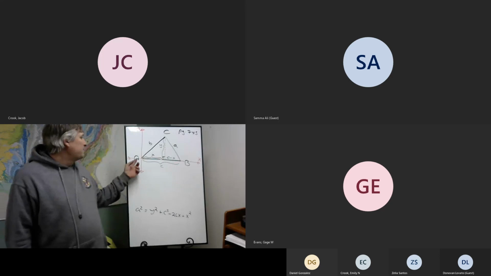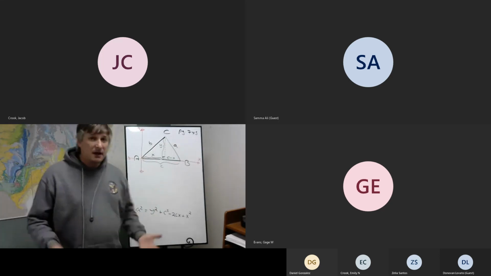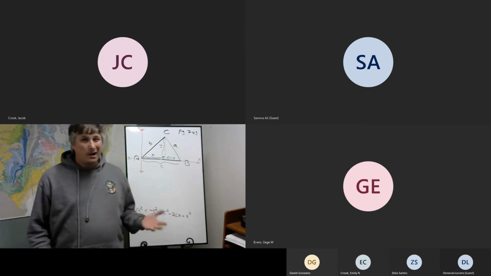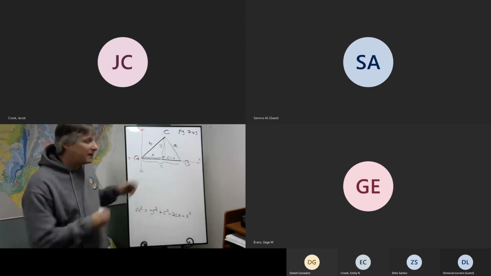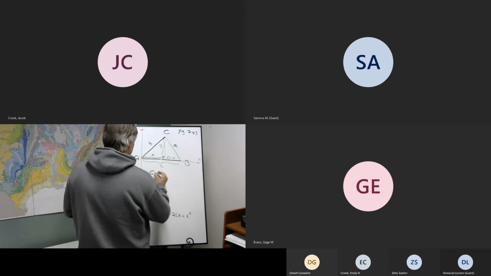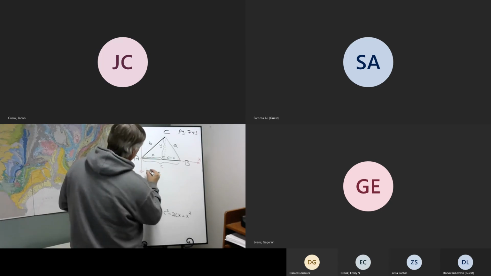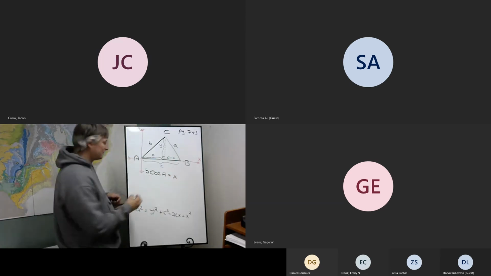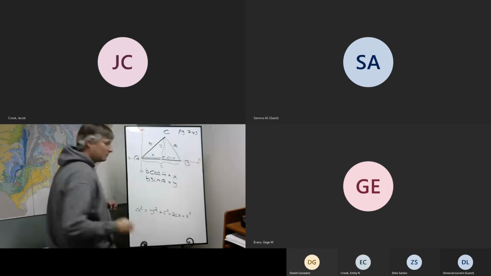Our triangles in terms of A, B, C angles, and then A, B, C for sides, and juggling these is enough trouble. Now I got this x and y in here. Well, think back to what we did with cosine of A and sine of A. We found that B cosine A was equal to x. And then B sine of A was equal to y.